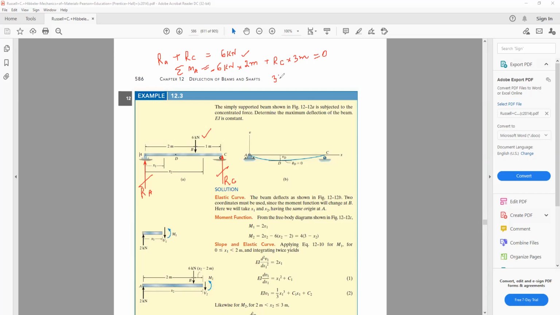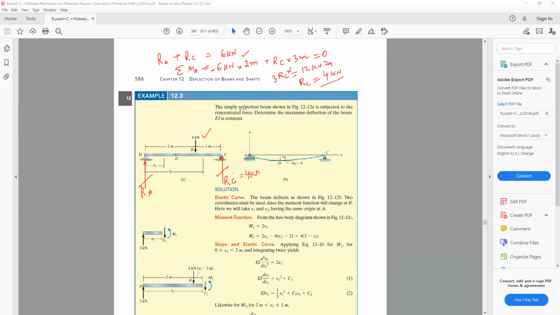That is 3 times RC becomes equal to 12 kilonewton meter. So the meter will go, and RC will become equal to 4 kilonewton.